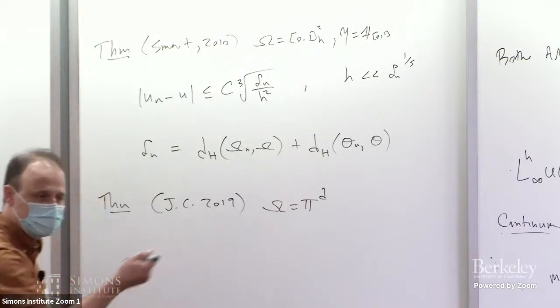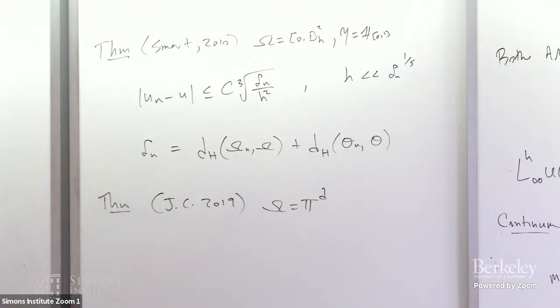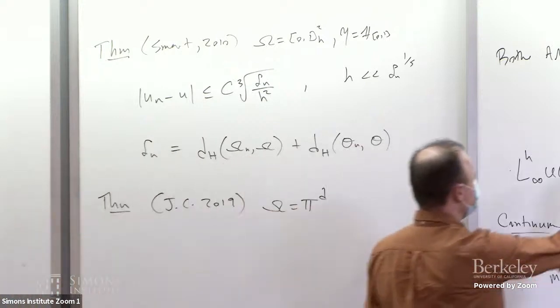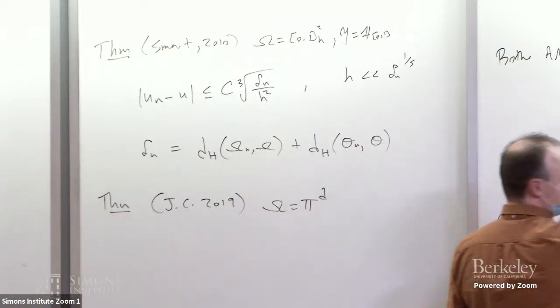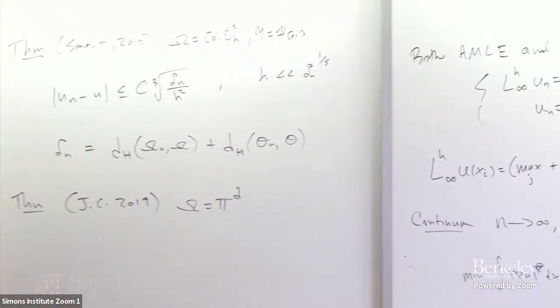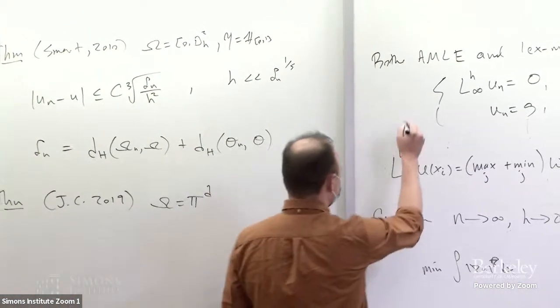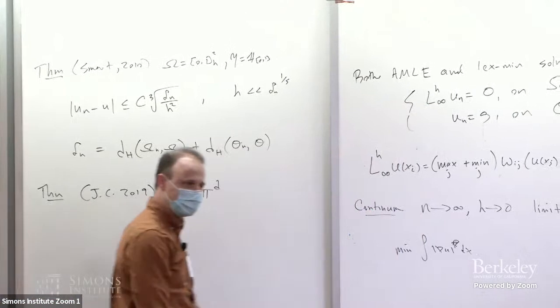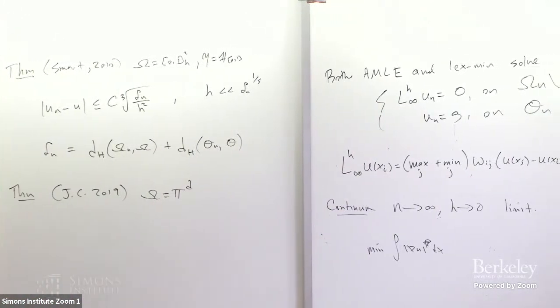And sorry, yeah. un is the solution of this equation up here. Okay, so it's the solution of the discrete graph problem with n points and with a length scale h.